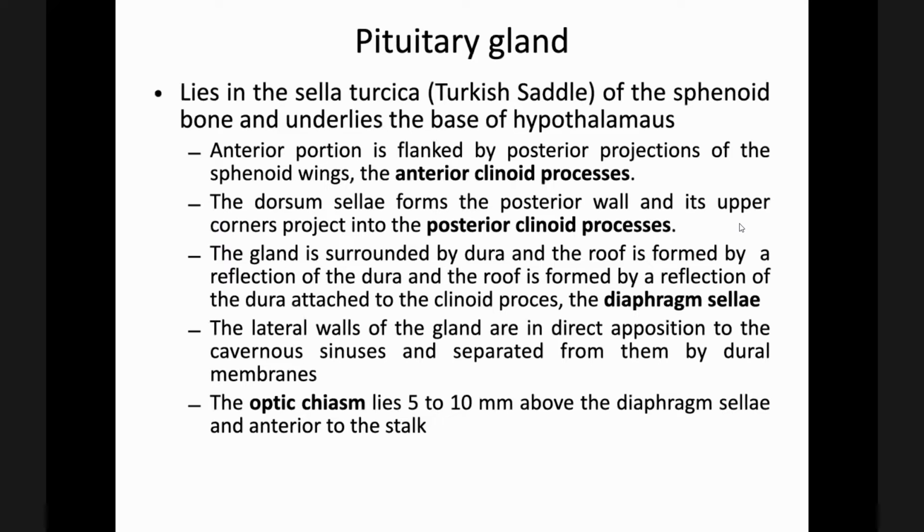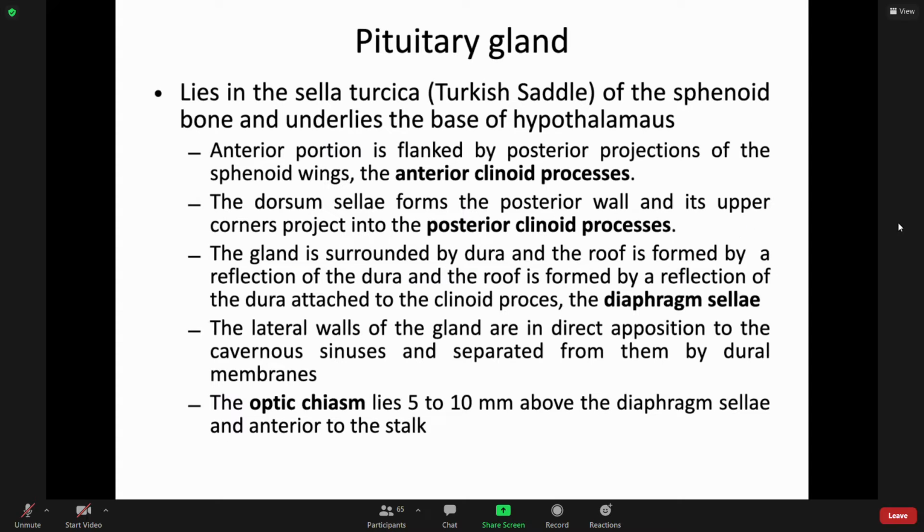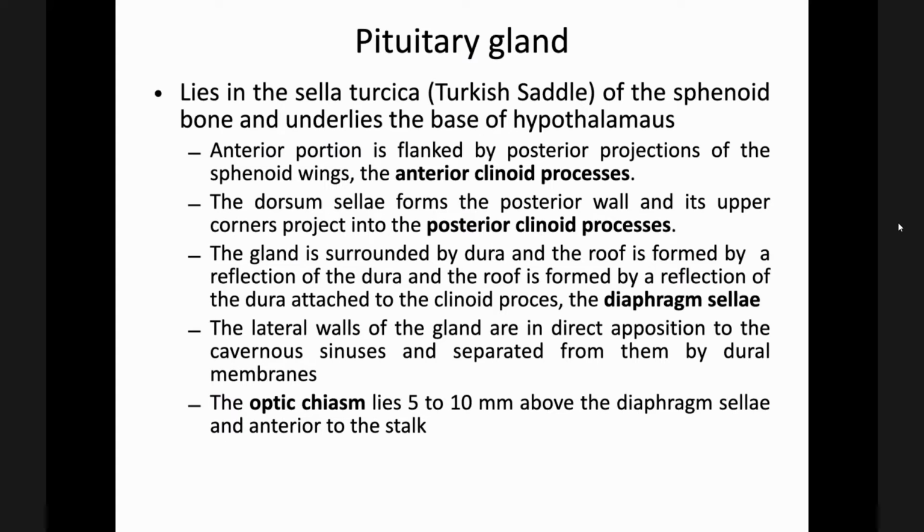There is an anterior clinoid process and a posterior clinoid process, and at the top of it there is a part of dura mater which we call the diaphragma sellae, which prevents the CSF, the cerebrospinal fluid, from entering inside the sella turcica.